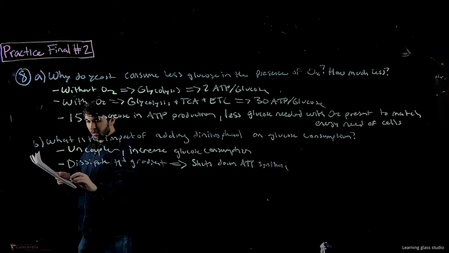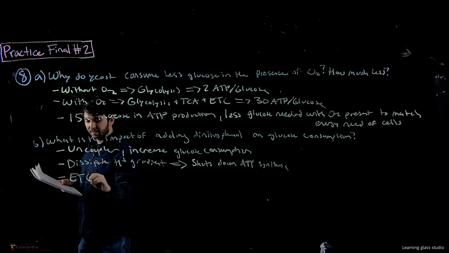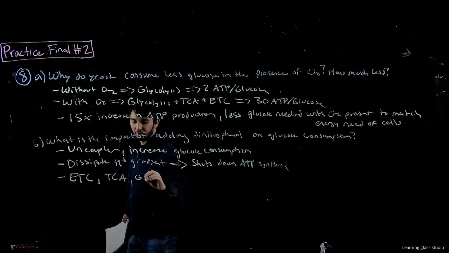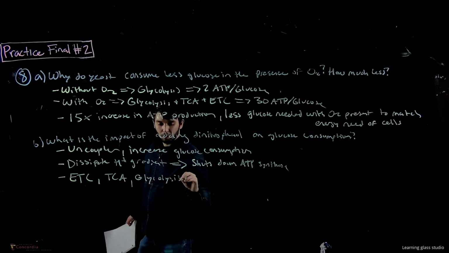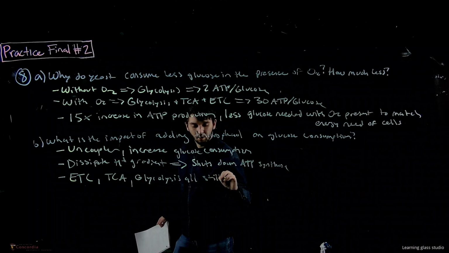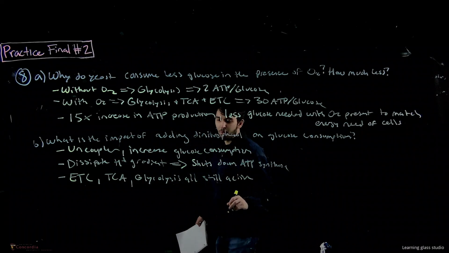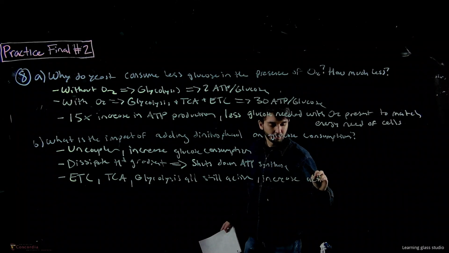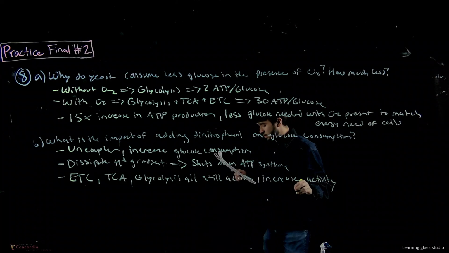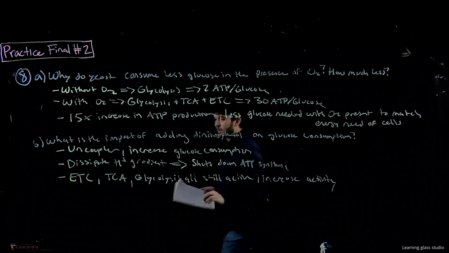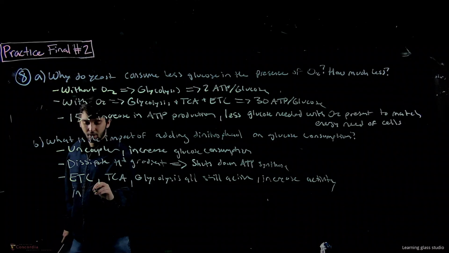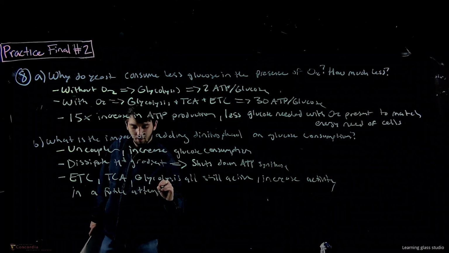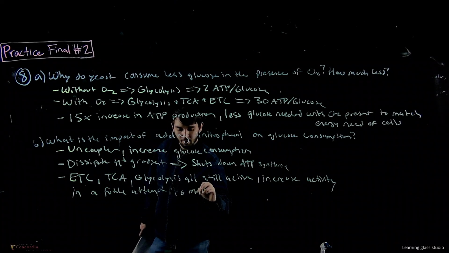However, the ETC as well as the TCA cycle and glycolysis are all still active, and they will actually increase their activity in sort of a futile attempt to make ATP.